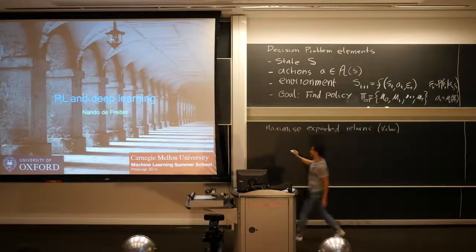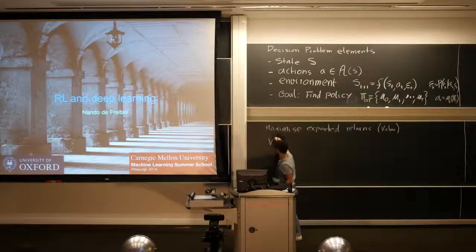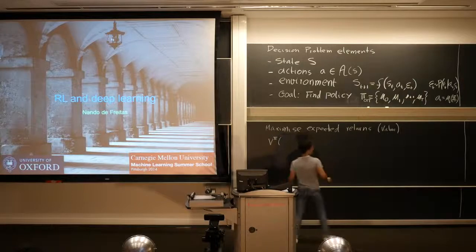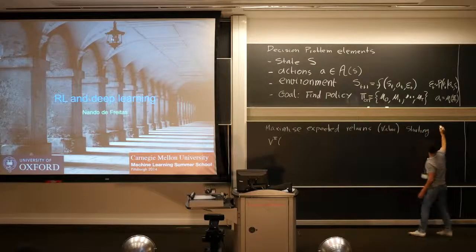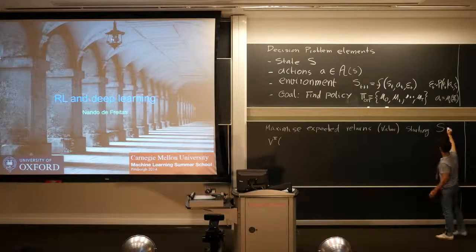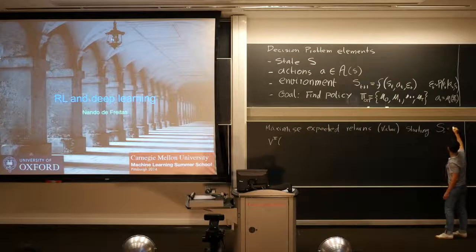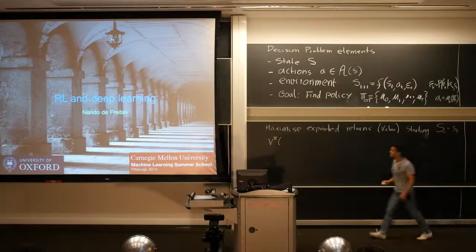I'm going to define that to be this function v pi, and I will assume that I'm starting at the random variable s naught equal s naught.